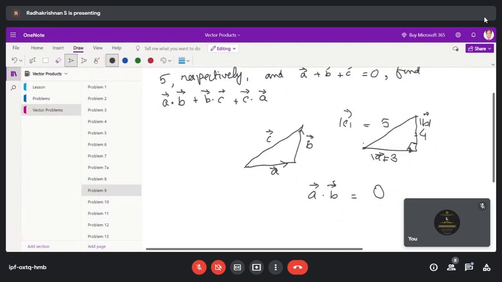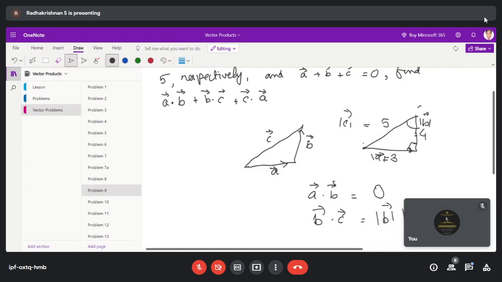So if A dot B is 0, what will be B dot C? It will be B into C into cos of the angle between B and C. So what is cos of this angle?